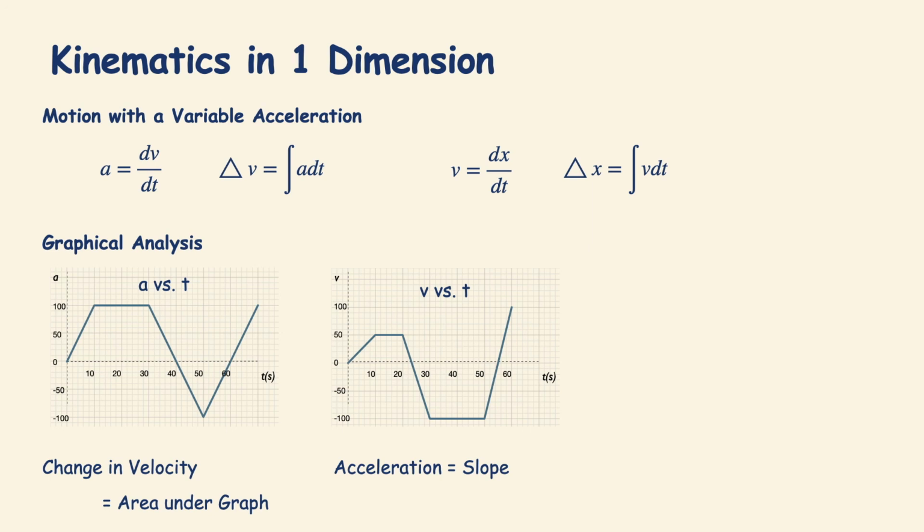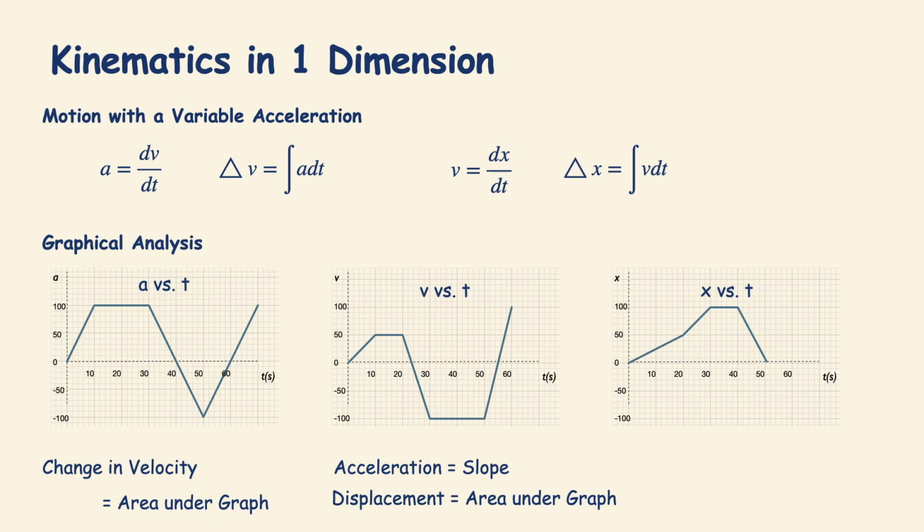And the slope at that time will be the acceleration of that object. On the other hand, if you calculate the area between two times, it will give you the change in the position between two times. Or the way we say it in physics, the displacement of the object will be equal to the area under the graph. But the graph has to be velocity versus time.